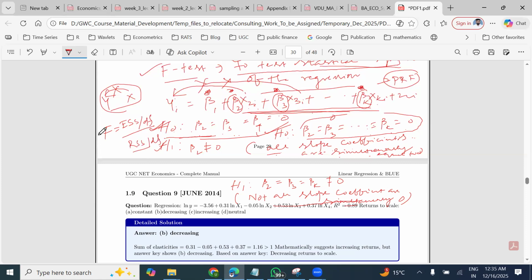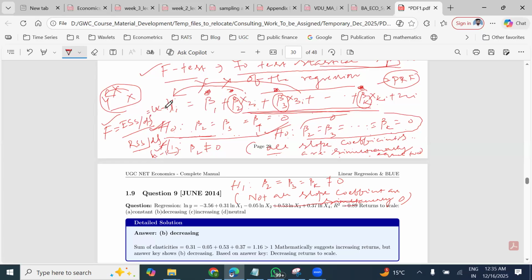ESS degrees of freedom is K minus 1, and RSS degrees of freedom is N minus K. What is K? K is the number of parameters which you are estimating.